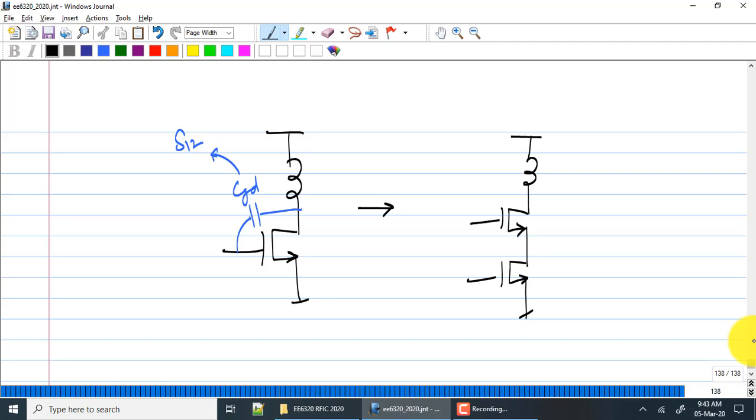You cannot break the loop even if you want to because it's inside the transistor model. Whether it is discrete circuit design or integrated circuit design, you cannot break the feedback loop. So that is why you will have to come up with other ways to measure stability of the system. It is clearly related to S12. Clearly S12 tells you how much of the signal is being fed back and with what phase. So you can relate it. But I just want to point out that you cannot explicitly break it.